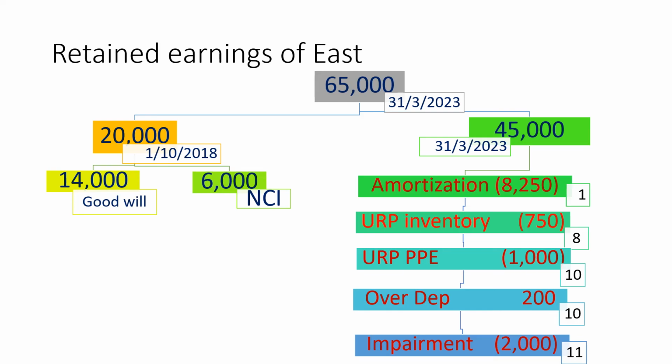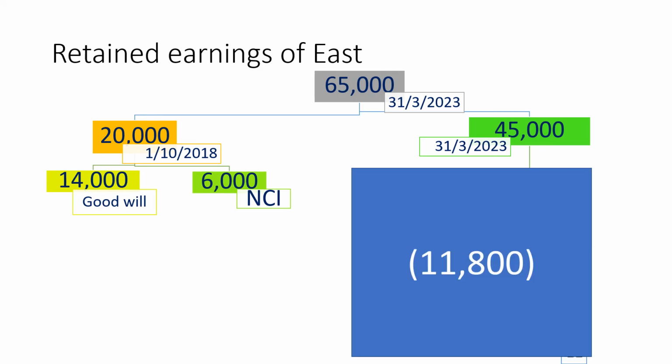So now you can see we have to adjust all these adjustments relating to East from their post-acquisition reserves. Just see whether you are obtaining the balance as 11,800 with regard to the East PLC.